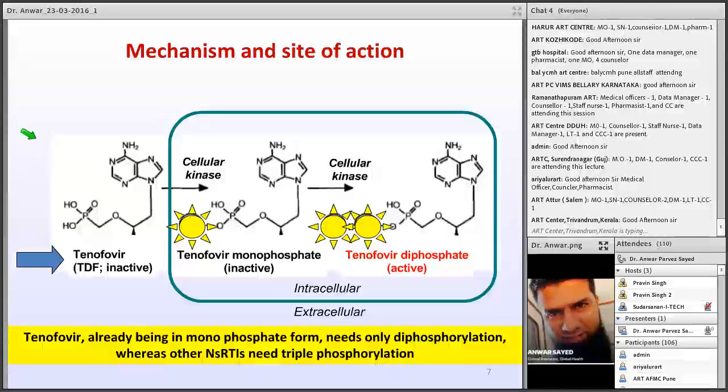If you look at the mechanism of action of other NRTIs, or nucleoside reverse transcriptase inhibitors, as this is a nucleotide, other nucleoside reverse transcriptase inhibitors need triple phosphorylation, whereas tenofovir needs only diphosphorylation.